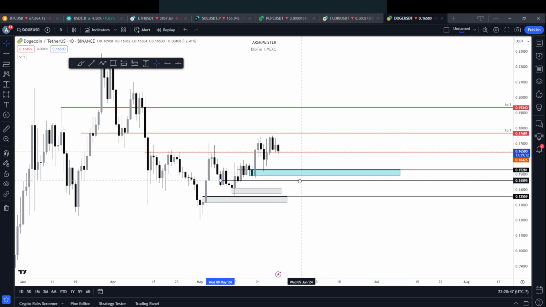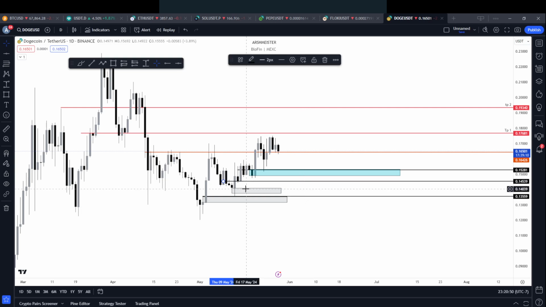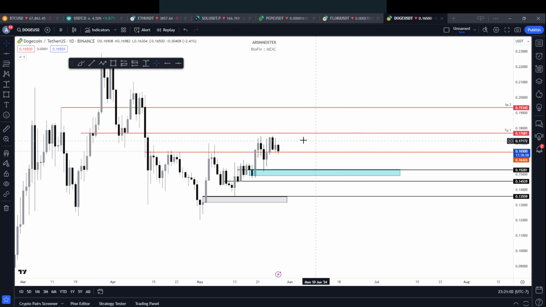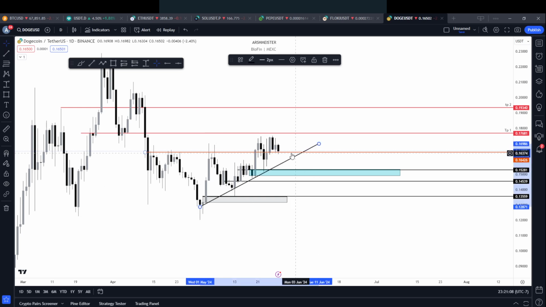I'm going to remove this. These levels have changed now. So we have this liquidity. I will add more at 15.2 cents. Okay, and then 14.539. I have personally trimmed myself a little bit, and as we see here, here is a trend line. Okay, we can come back down, wick into here.